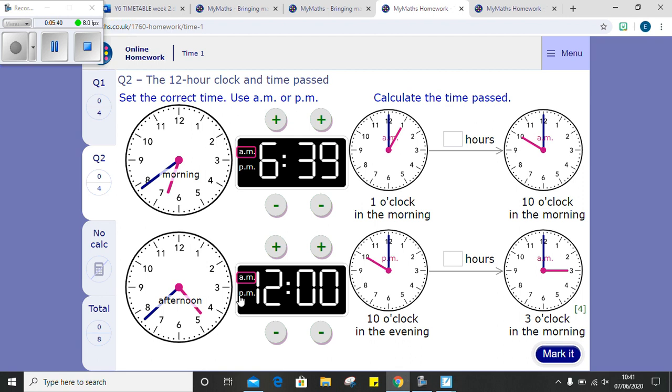Right, looking down here, we're working at afternoon, so we need to be in PM. We're still in that 4th hour because that hour hand is before the 5, so it's on the 4 still. Then looking at my minute hand, looking to the closest 5 minutes first. 5, 10, 15, 20, 25, 30, 35.